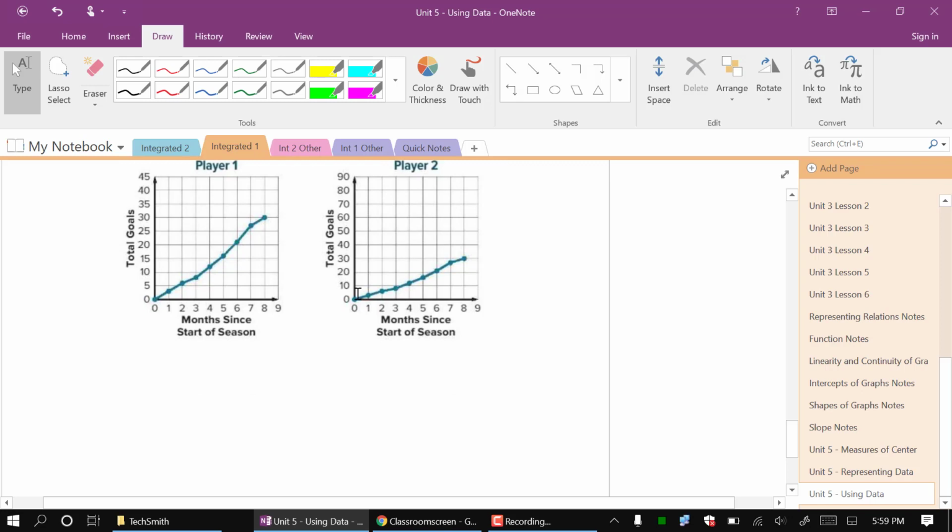So we want to identify what misleading information we have. The purpose of the graph is to compare the two players. Purpose: to look at the two players.